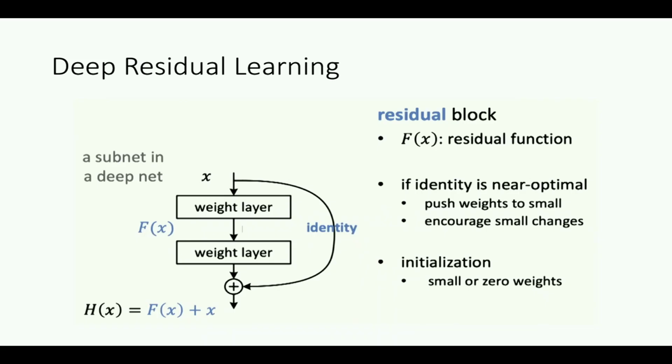But if the identity is not optimal, we can increase what this f of x is learning to compensate for the lack of information. So basically, we can think of initializing this additional part with small or almost zero weight, and just let it figure out whether this identity is good or not.